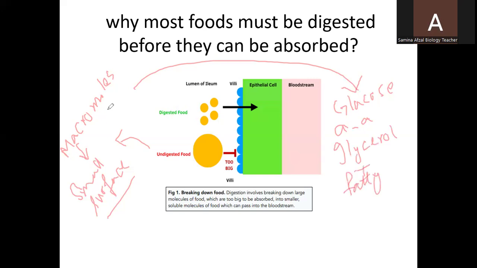When they are broken down with the help of enzymes into simple molecules, they have a large surface area and are smaller in size, so they can easily be absorbed into the bloodstream through villi. So all macromolecules should be digested before they can be absorbed into the bloodstream.